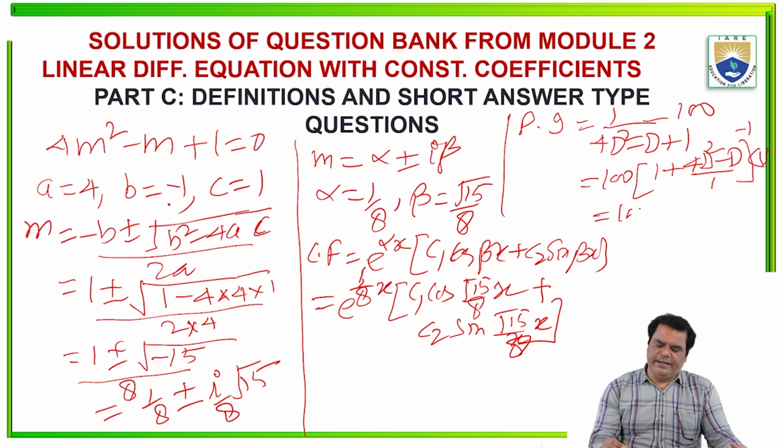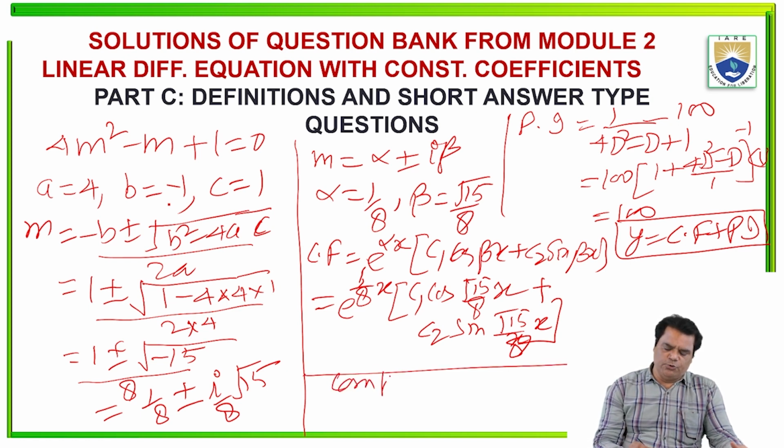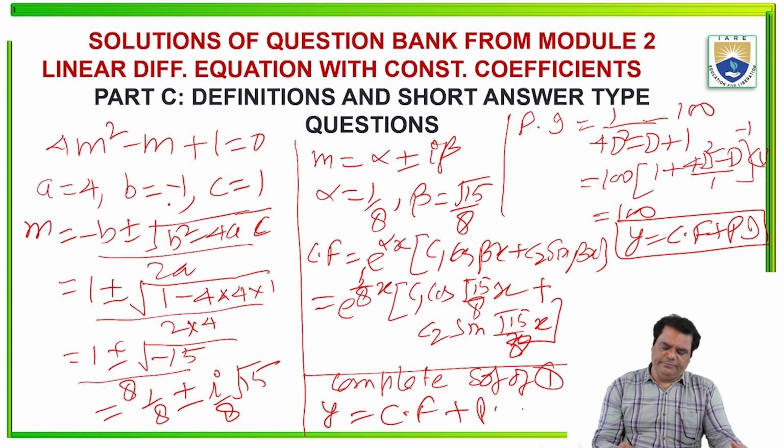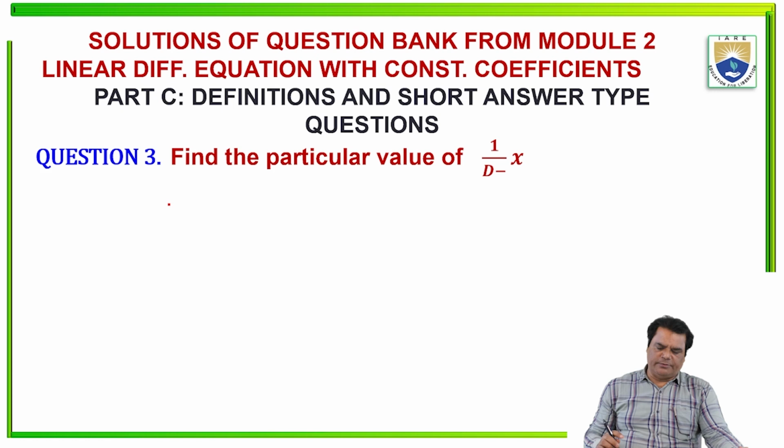So the answer is 100. So y is equal to CF plus PI is the complete answer. So this is the complete solution of 1, y equals CF plus PI. Okay.